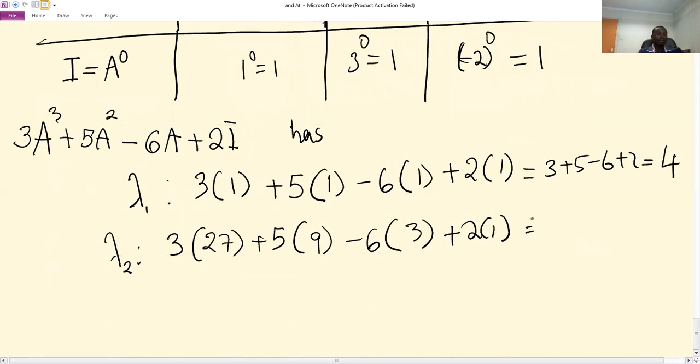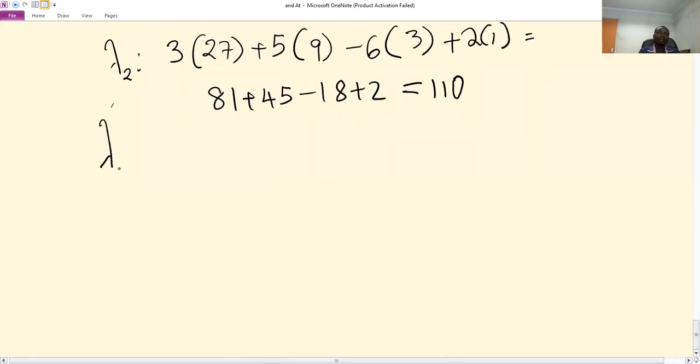So this will be 3 times 27, which is 81, plus 45 minus 18 plus 2, which gives you 110.